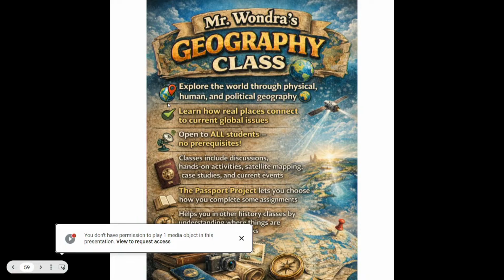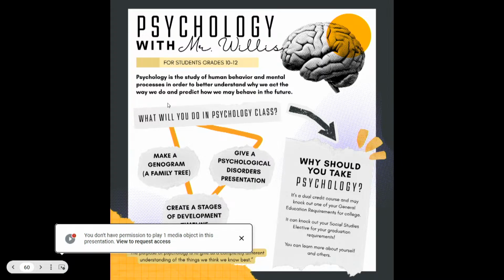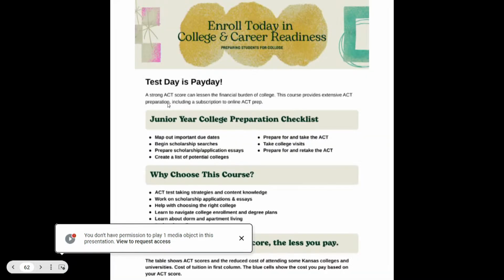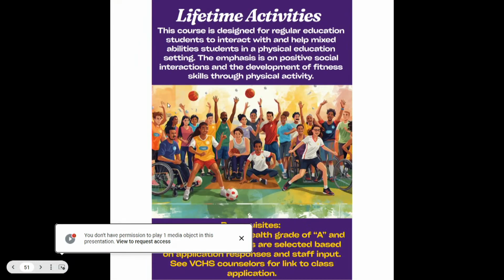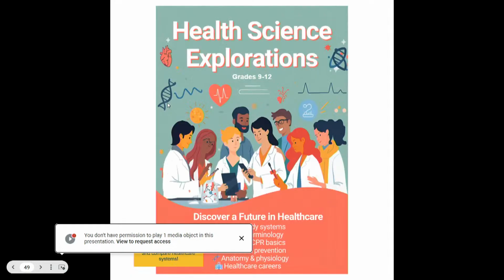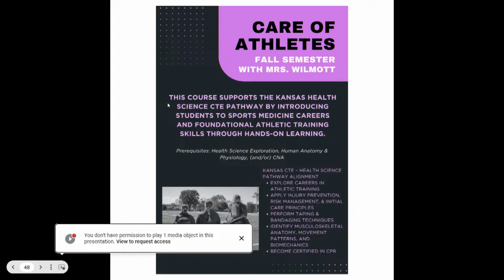We have a general idea of what the class is meant to include, but we don't know things like if your teacher's going to do presentations, if you're going to do lots of projects or lots of worksheets, or what core things you're going to learn in that class sometimes. So this elective slideshow will help you get a better sense of those things.